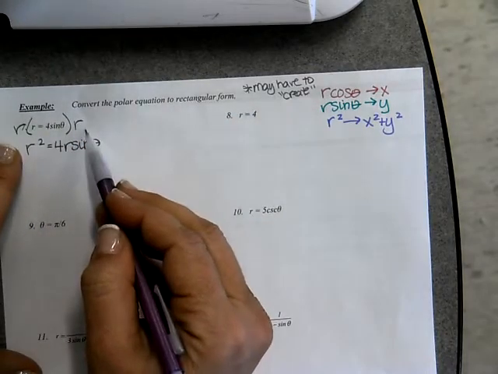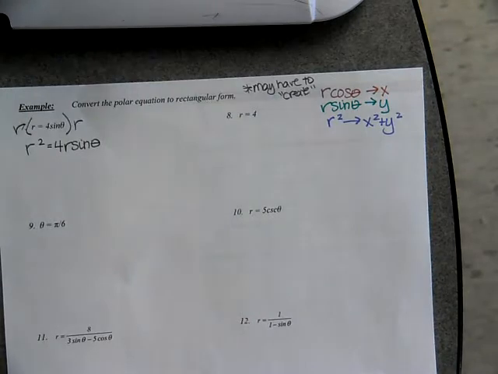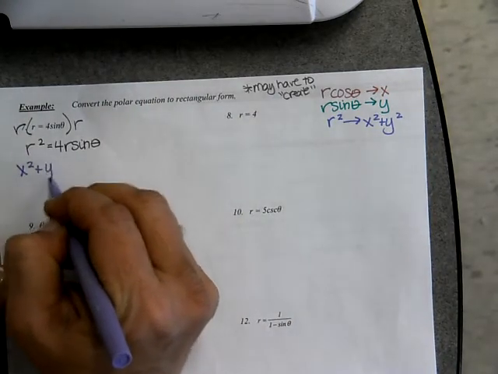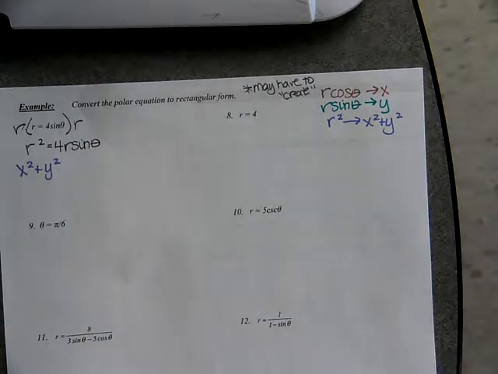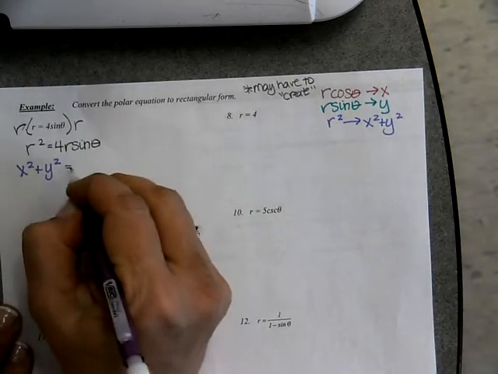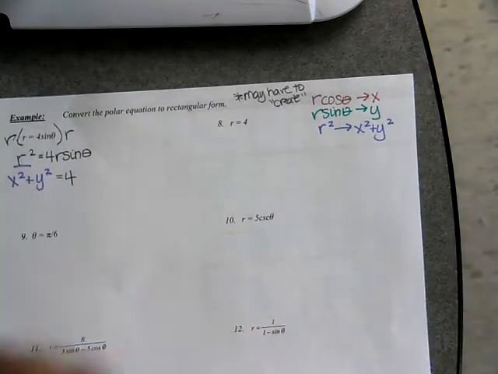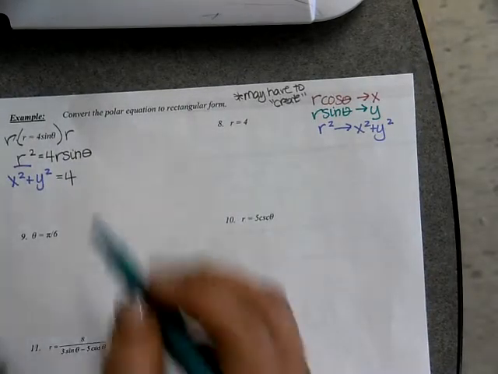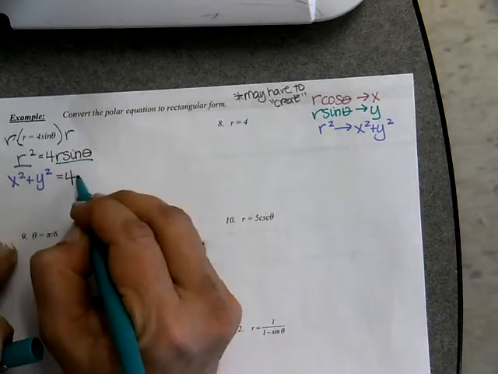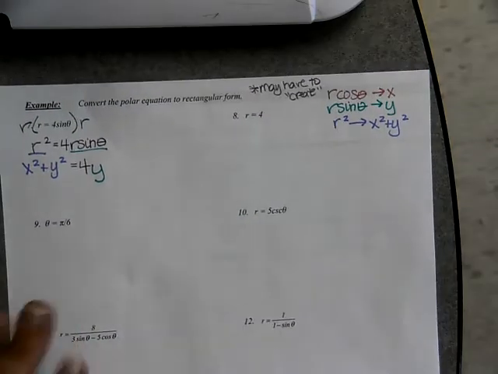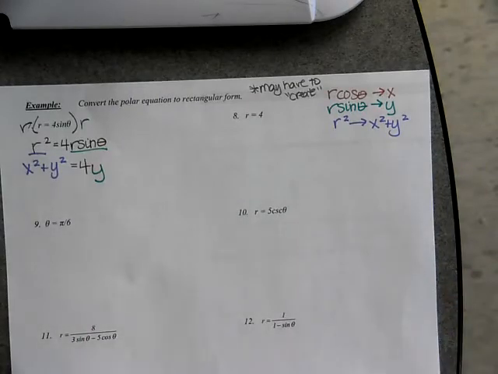So by multiplying by r, I created an r squared, which could be x squared plus y squared. And I created an r sine theta, which turns into y. Oh my gosh, we got rid of the polar coordinates and turned it into rectangular.